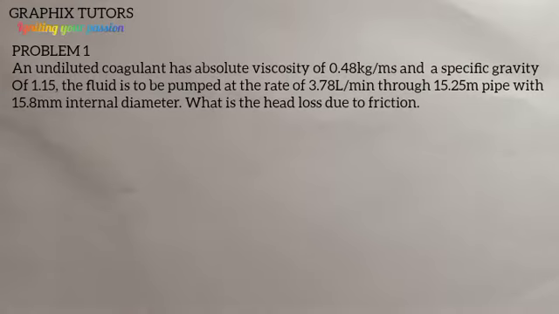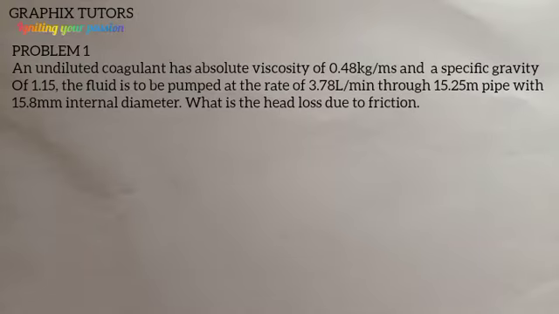The fluid is to be pumped at a rate of 3.78 liters per minute through a 15.25 meter pipe with 15.8 millimeter internal diameter. What is the head loss due to friction?